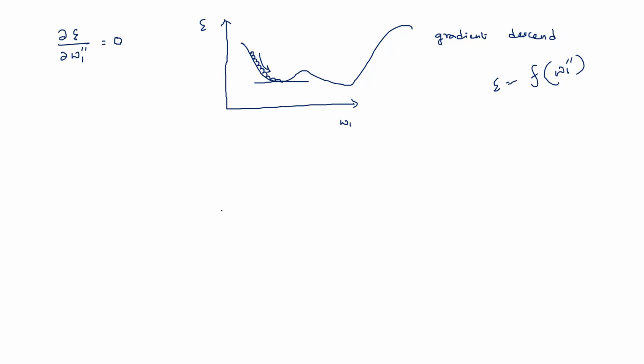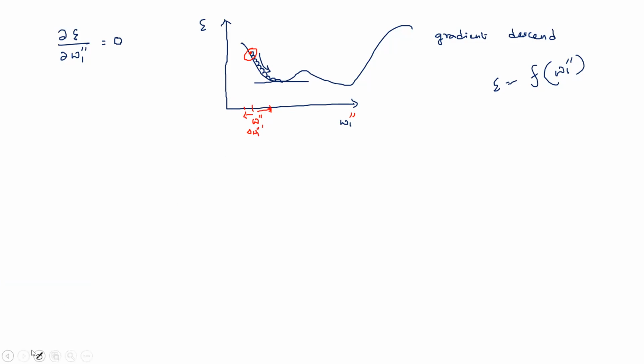Let's assume the error value comes up to be here at this point. This is my error value for this W1 double star that I have created. Then I take W1's value a little bit lower than this, delta W1 double star lower, and delta W1 double star upper.